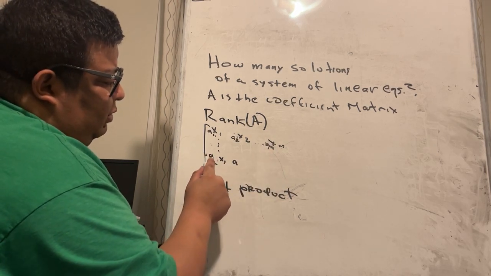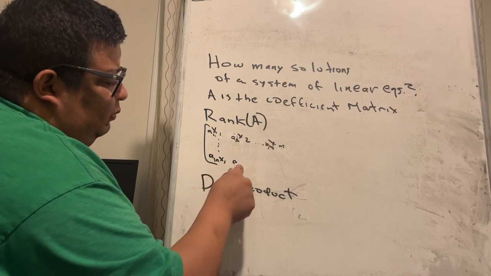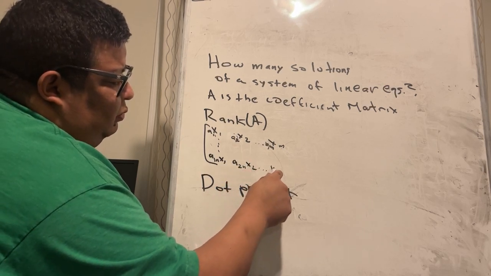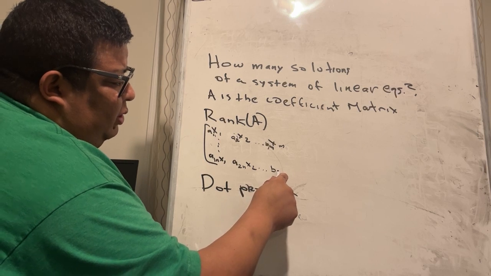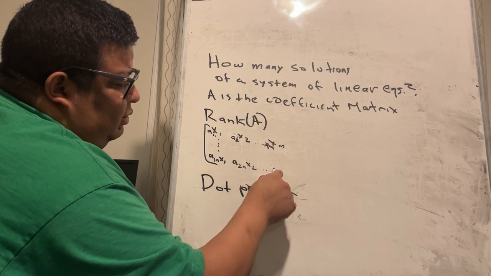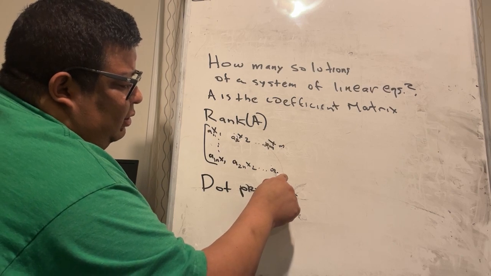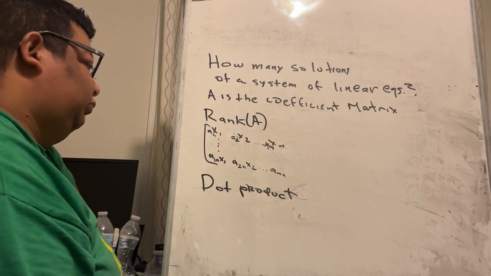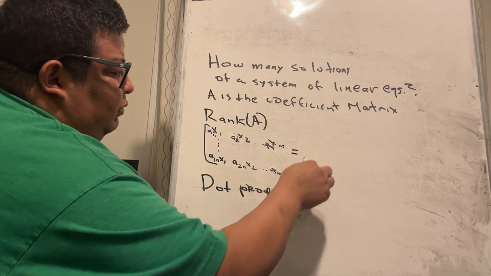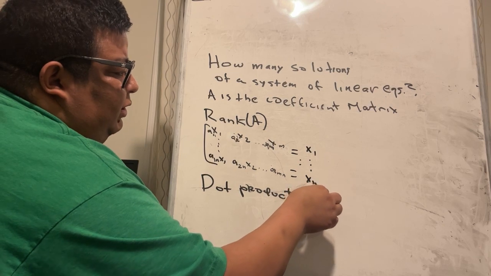This will be A1n, this will be A2n, x2, all the way to b, all the way to Amn, and this is equal to x1 all the way to xn.